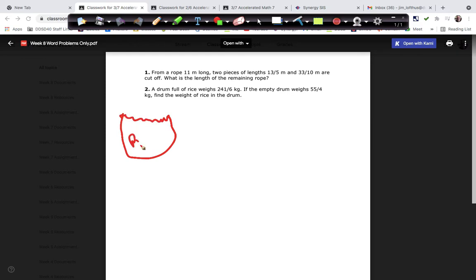So it's got the rice in there. If the empty drum weighs 55/4 kilograms, and this one is 241/6 kilograms, then what is the weight of the rice? So just this part of it.